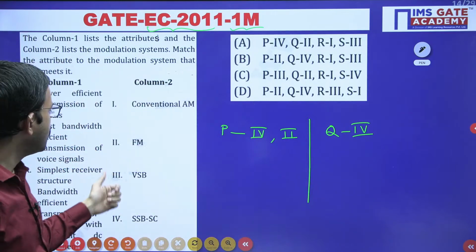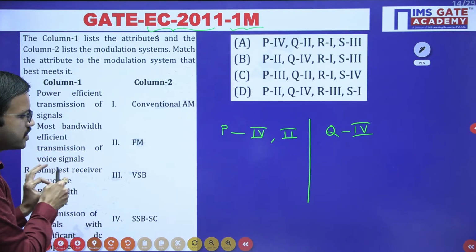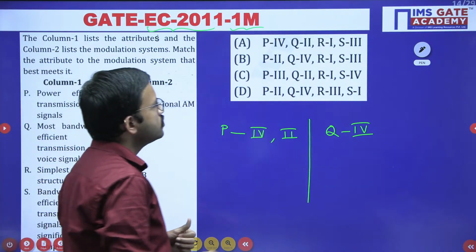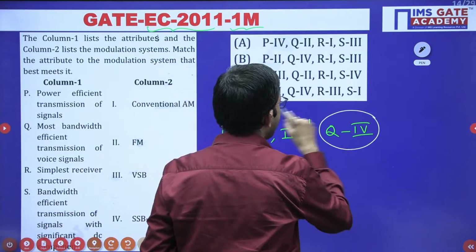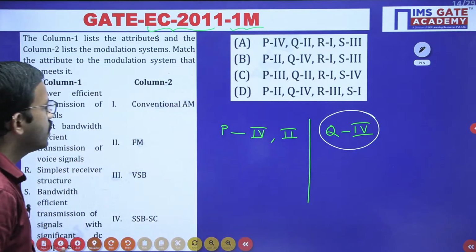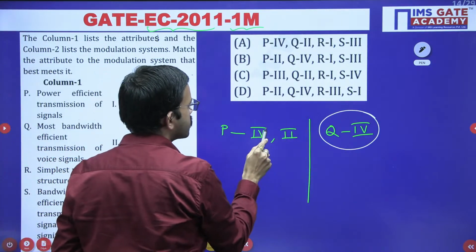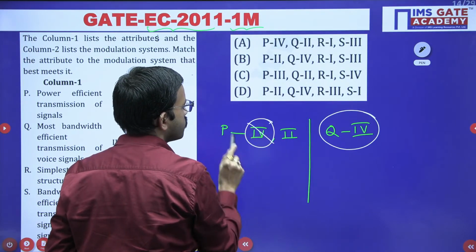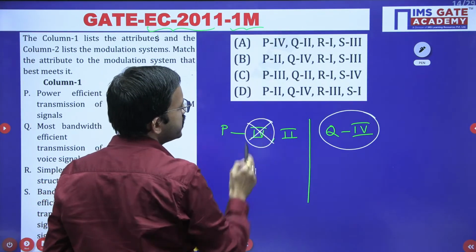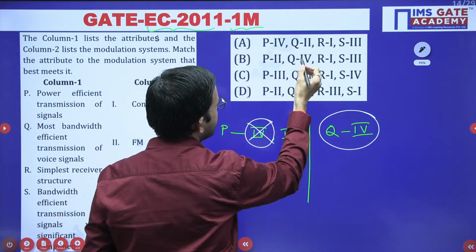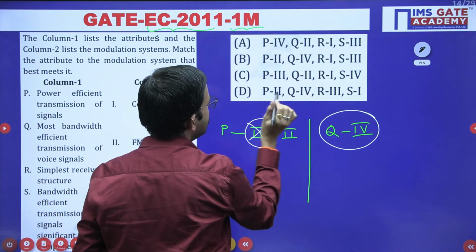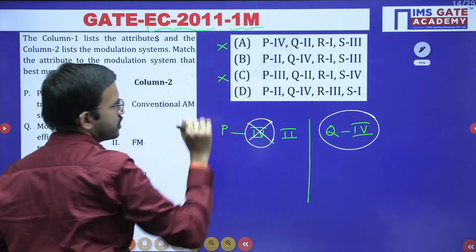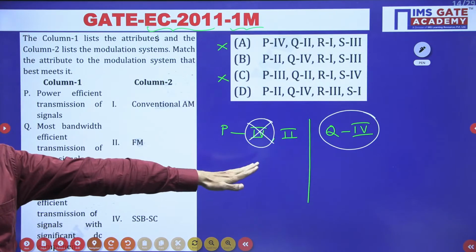So now just observe, regarding Q, it is matching to 4. Since it is matching to 4, here you can keep hold. You can look here, regarding Q you have 4 in 2 choices. So that means option A and option C we can eliminate. I hope it is clear up to this point.